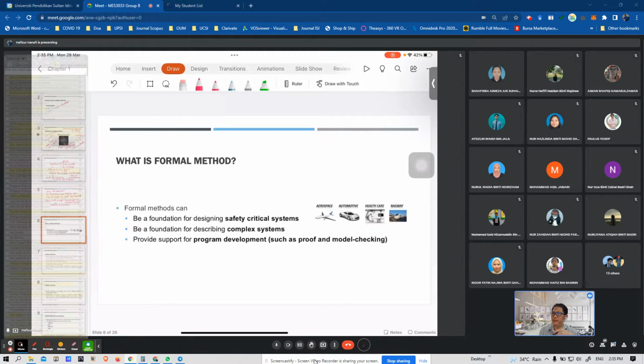And then number three, provide support for program development such as proof and model checking. Yang ni kita akan tengok banyak lah, proof and model checking. Okay, for formal method, we are looking at a lot of proof and model checking. Okay, kenapa kita nak tengok model checking?